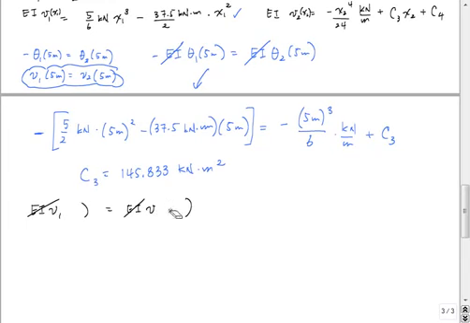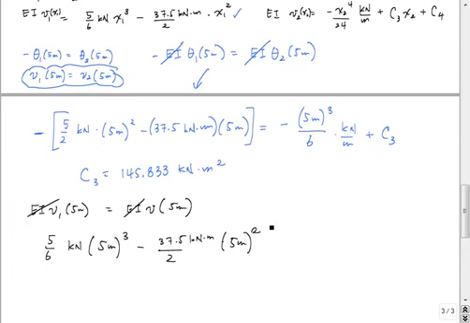So V1 at 5 meters, the displacement at 5 meters, is 6 kilonewtons times 5 meters cubed minus 37.5 kilonewton meters divided by 2 times 5 meters squared, is equal to minus 5 meters to the 4th divided by 24 plus C3, which was 145.833 kilonewton meter squared, times 5 meters plus C4.